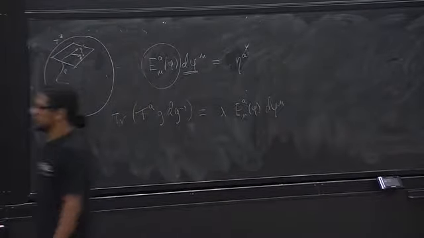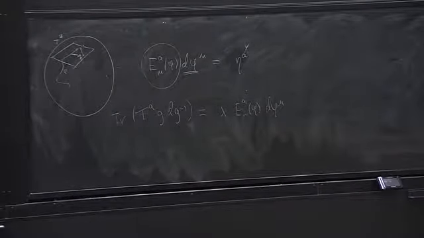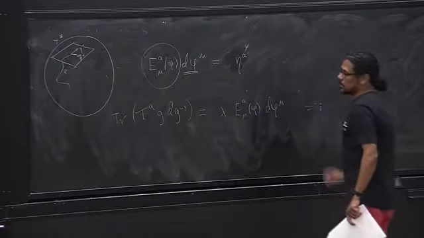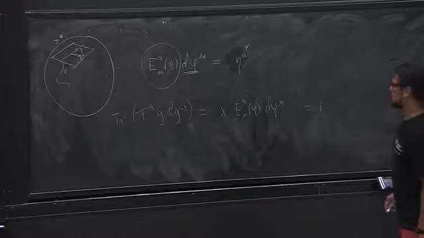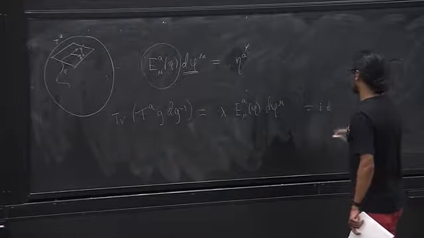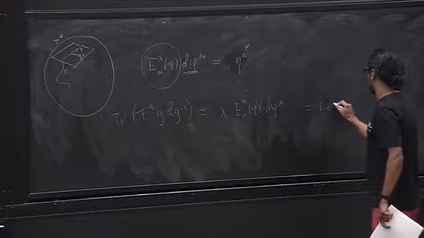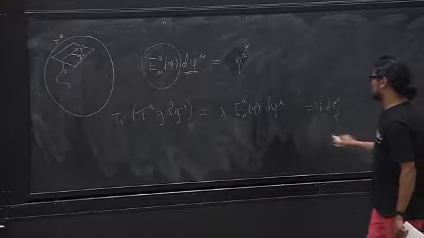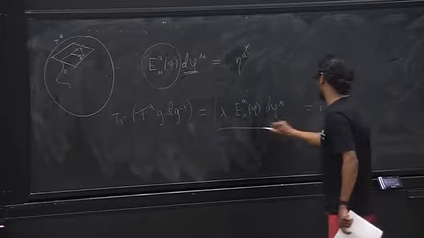And if I were to do the same thing over here, up to some factors of i, I will get i times d zeta A.